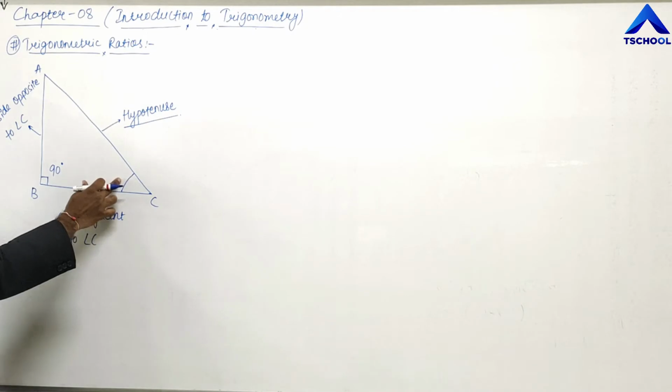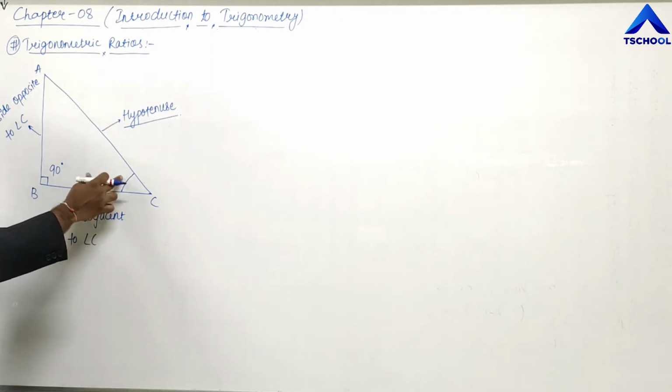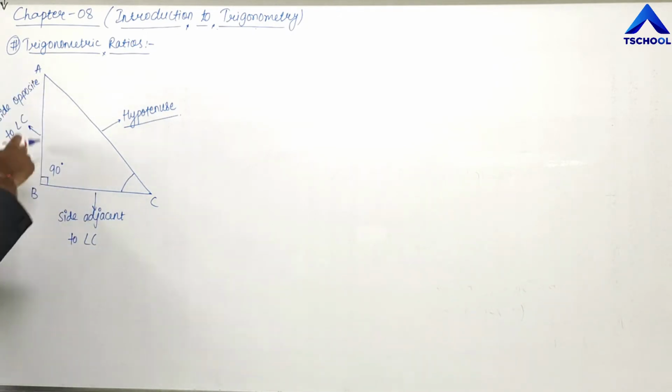So this is our ideal angle, angle C, and AB is the side opposite to angle C, and BC is the side adjacent to angle C.